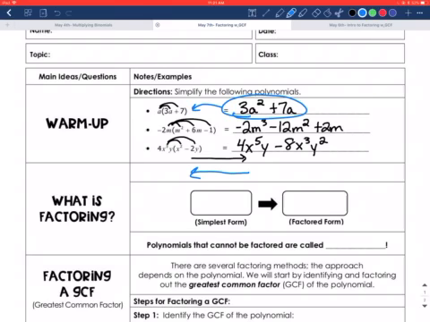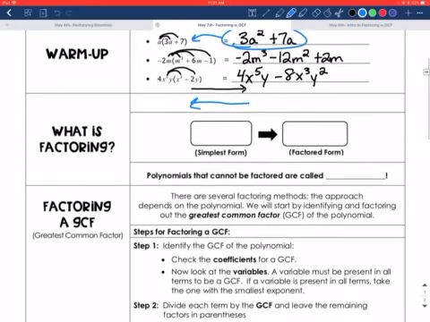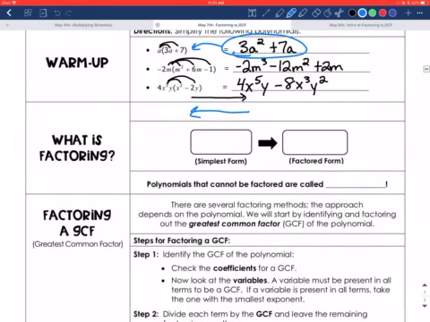So as far as what is factoring, factoring in simplest form and factored form, what we could talk about here, I don't really know what examples they give. Let me pull it up real quick just so that I can know. I don't have it. That's okay. So pretty much factoring in simplest form would be what we have before.